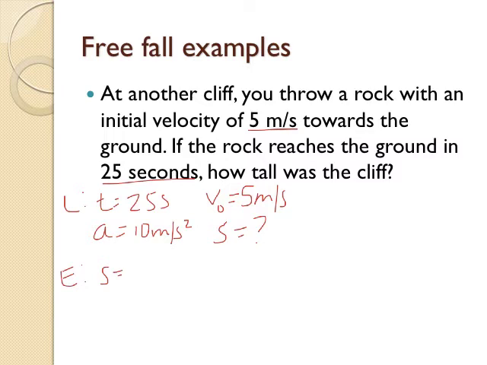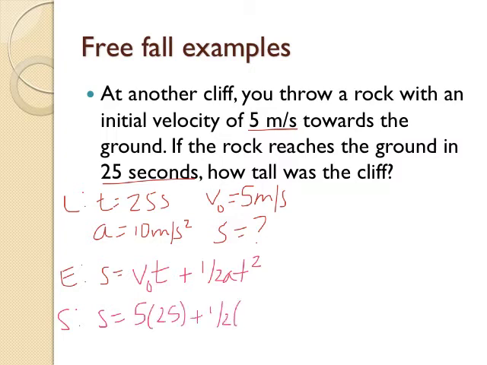So S equals VO times T plus 1/2 AT squared. If we substitute in our knowns, we're going to have S equals 5 times 25 plus 1/2 times 10 times 25 squared.